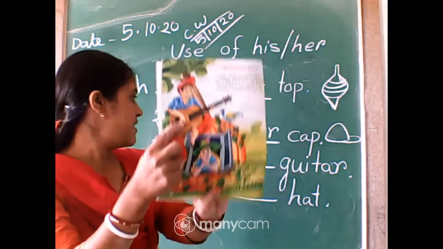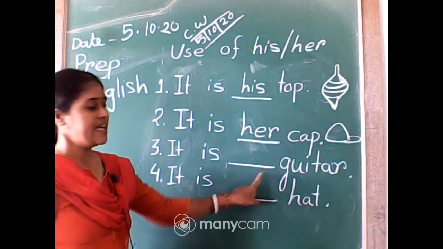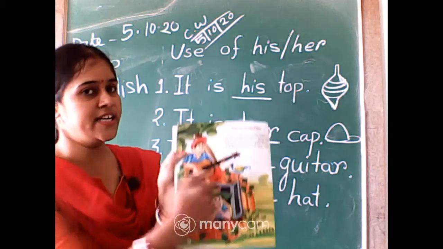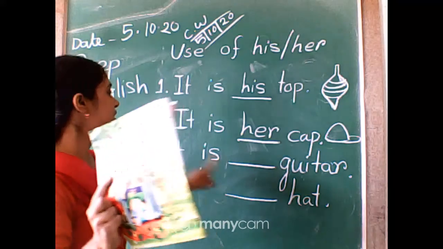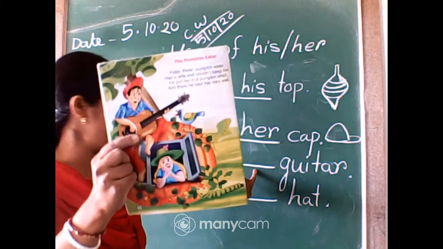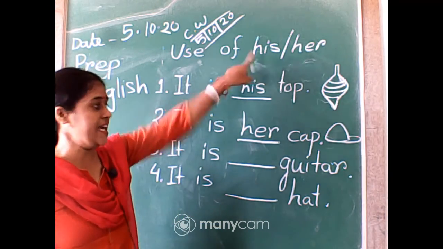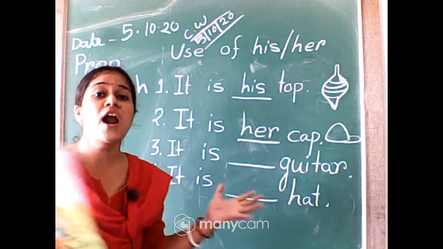I have asked the question. It is dash guitar. So what will we write here? His or her? Peter has a guitar. Look at the picture. So what will we use here? It is his guitar or her guitar?